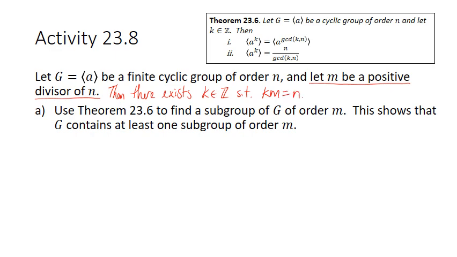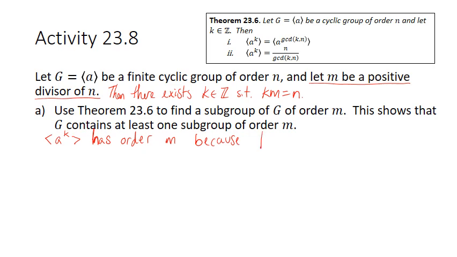Then I'm going to show that the subgroup generated by a to the k, where k is that number I just defined, has order m, because here is where we're going to use theorem 23.6.